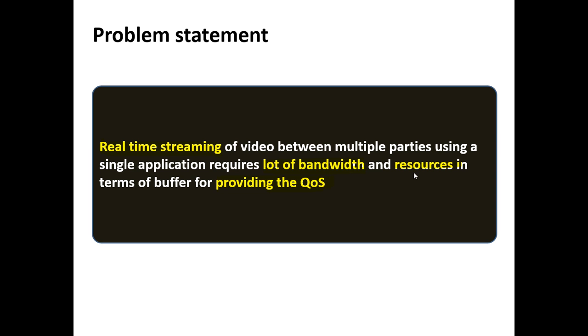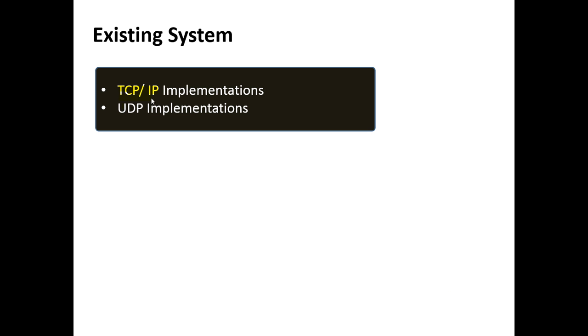For implementing this real-time streaming, the live coverage, the existing solutions we have are a couple of protocols. One is the TCP protocol and another one is the UDP protocol. How does the TCP protocol work? TCP works based on frame resending.